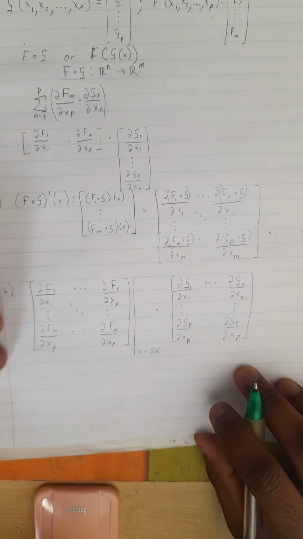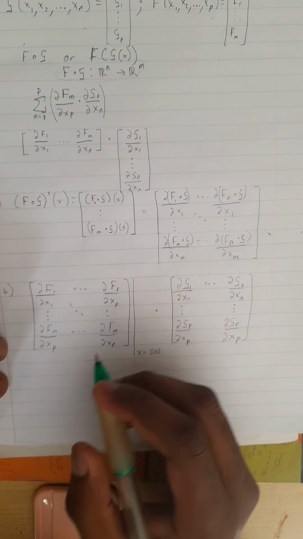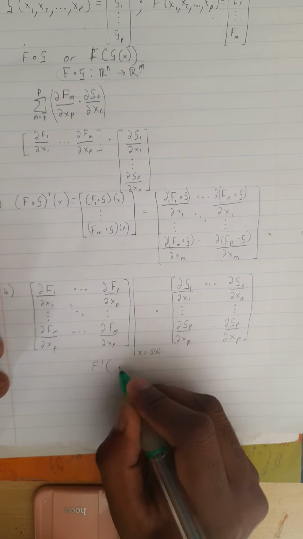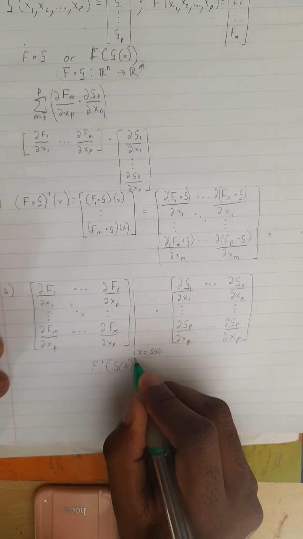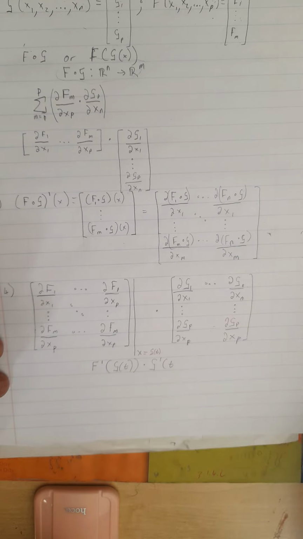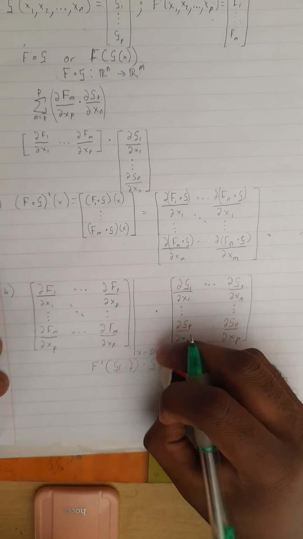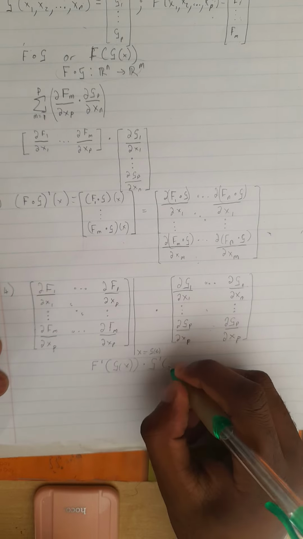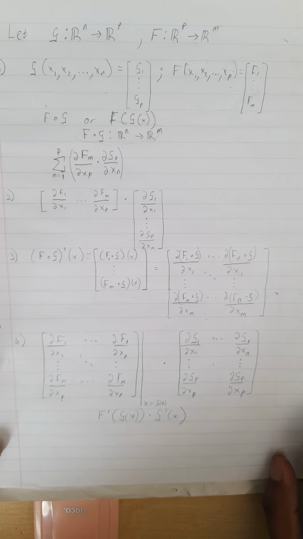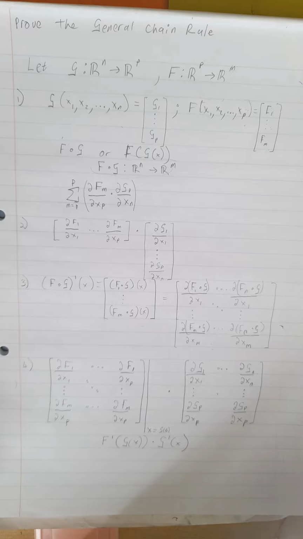And then we can finally conclude this by saying that the chain rule for multivariable functions is given by f prime of g of t dotted with g prime of, sorry, this should be x. X, done. Okay, so that's the proof. Okay, thanks.